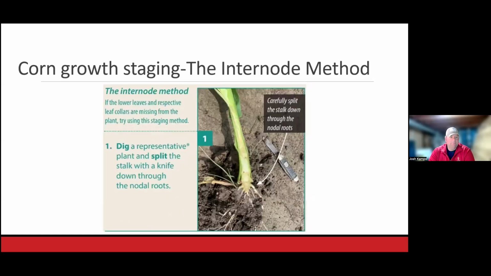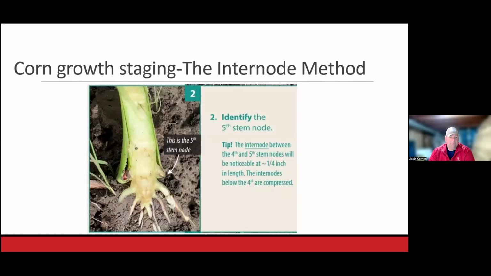Another way is actually to look at that plant from the root up. So corn staging, the internode method. We're going to dig a representative plant, actually split it open with a pocket knife. Okay, and we want to try to look at those root nodes. Right, that's going to give us an idea of the age and the development of that plant.